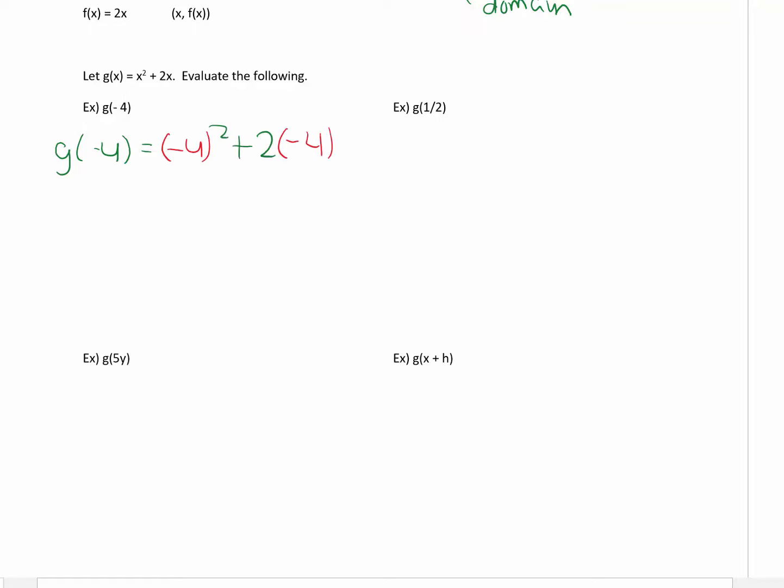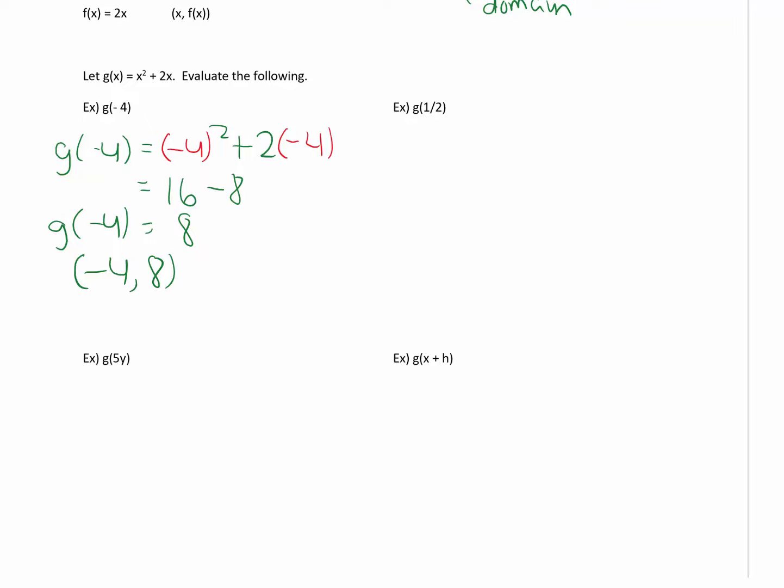Because I have two x values here, I'm going to use -4 twice. Now, the rest of this you're just simplifying. -4 squared is 16. 2 times a -4 is -8. And 16 minus 8 is 8. So, in other words, when the domain is -4, the range is 8.